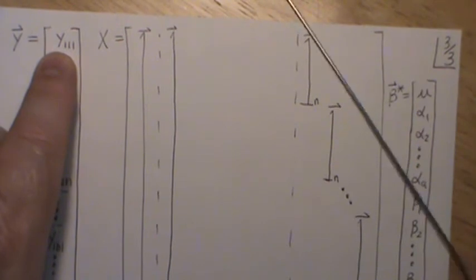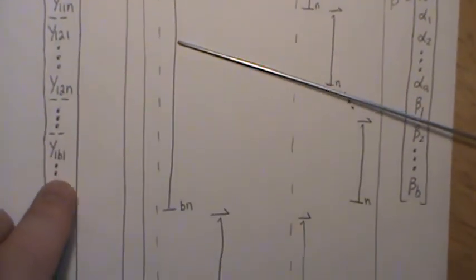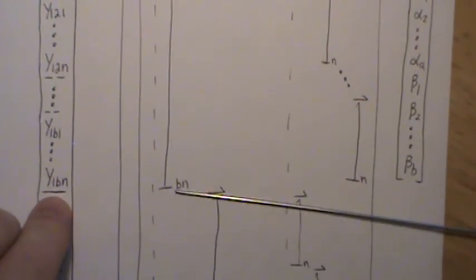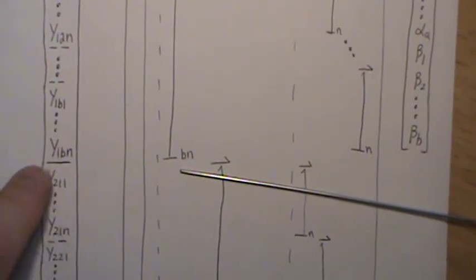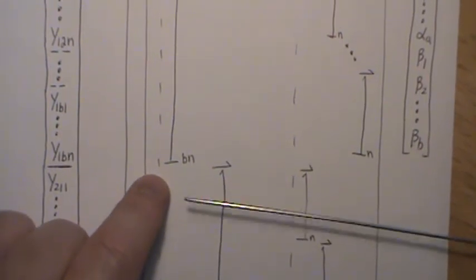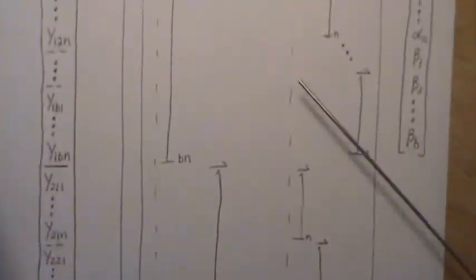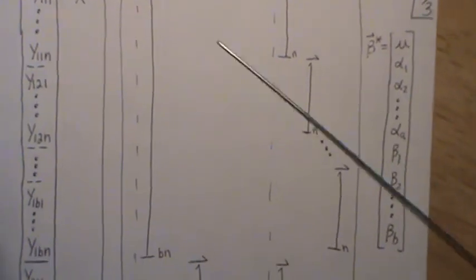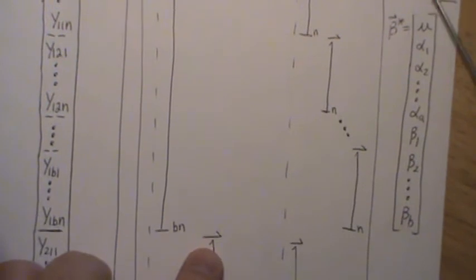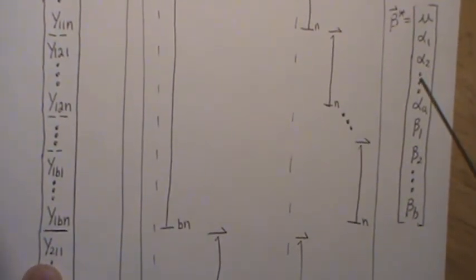And notice when we do this multiplication, we always pick it off for treatment level 1, all the way down. And then once we get to treatment level A2, these have to be zeros, and then the 1 vector moves over. So that way when we take this multiplication, we're picking off alpha 2, which corresponds with the second level of A.